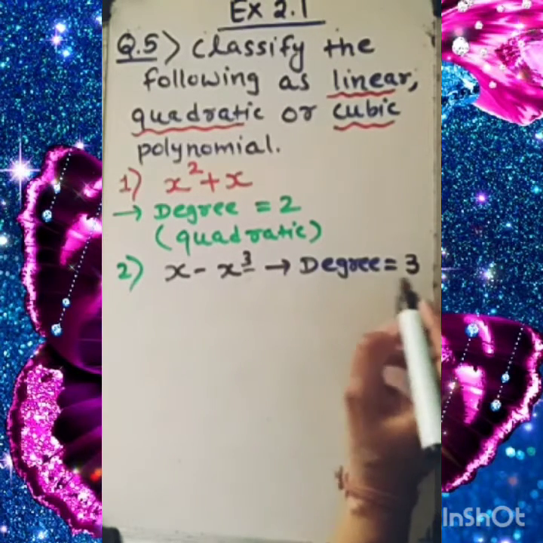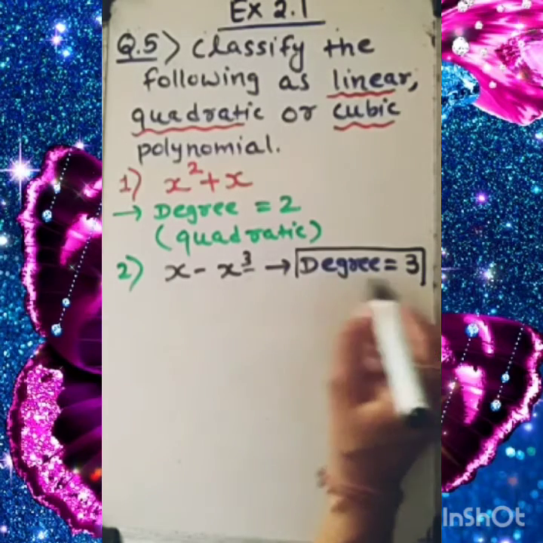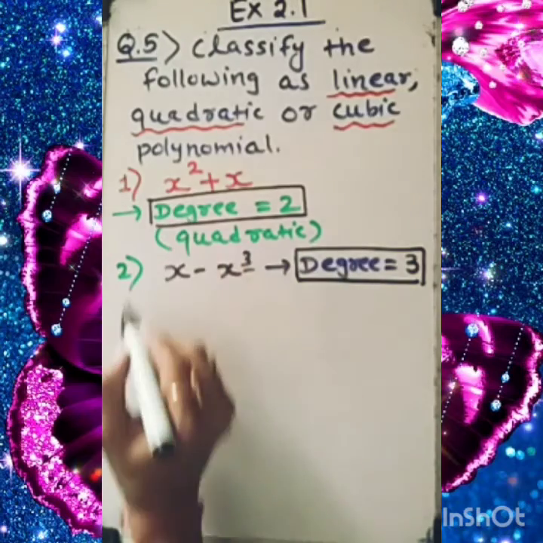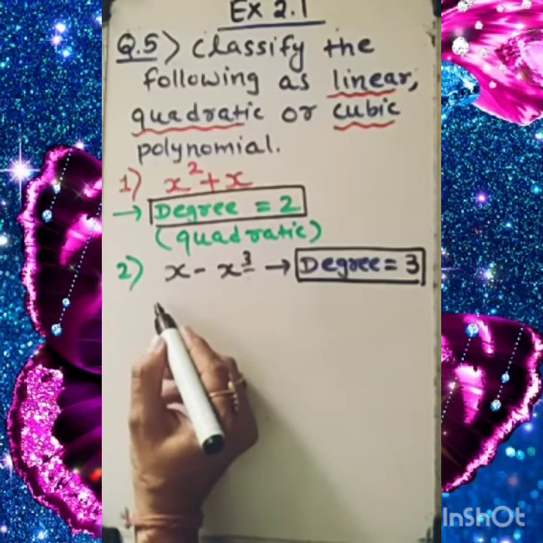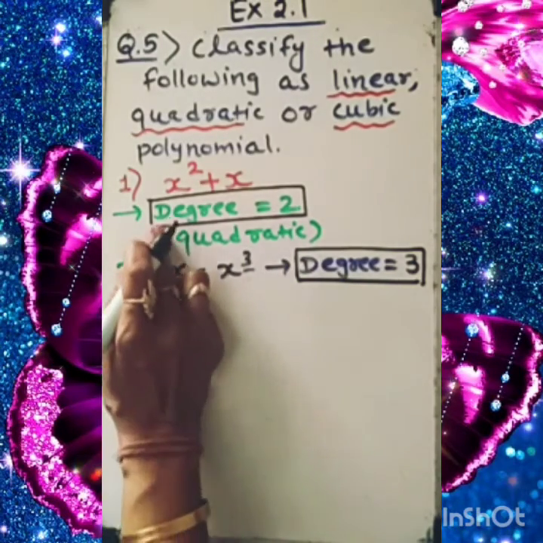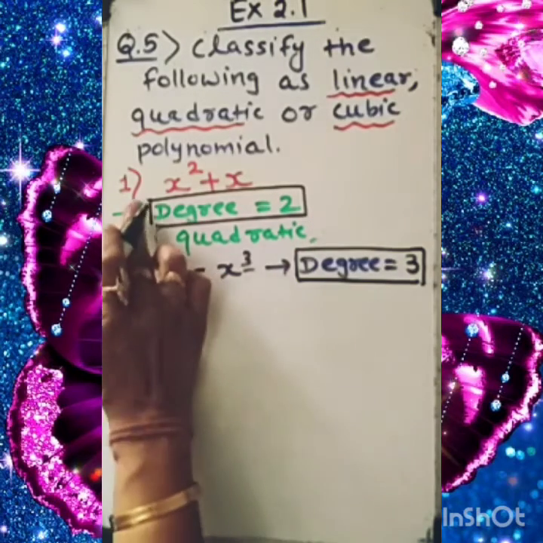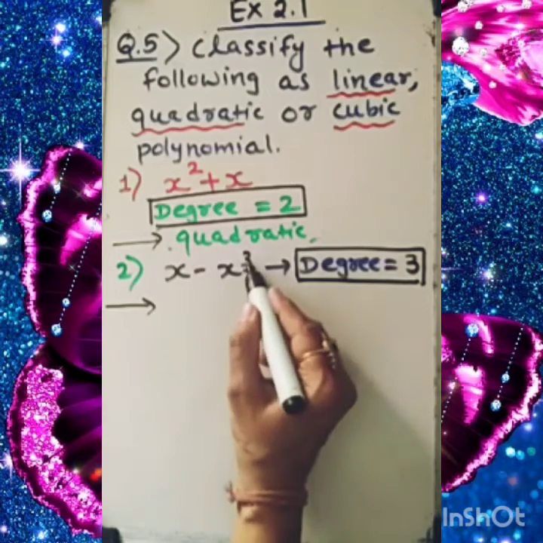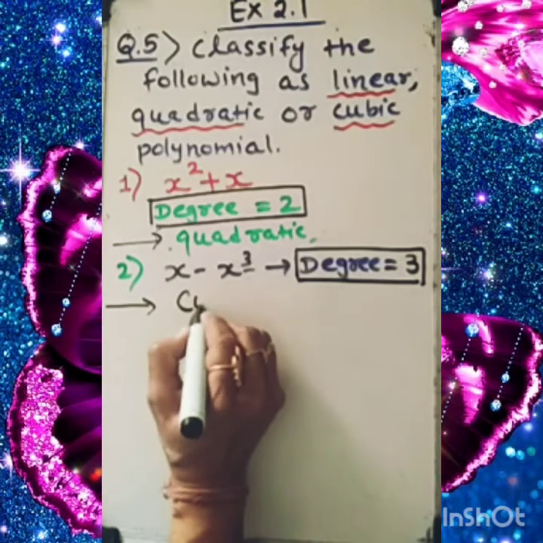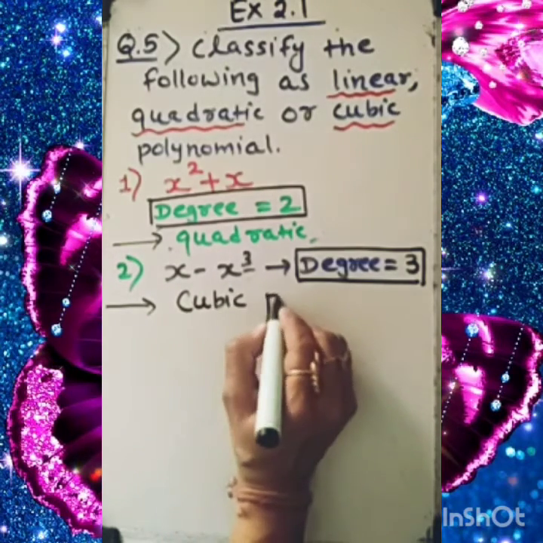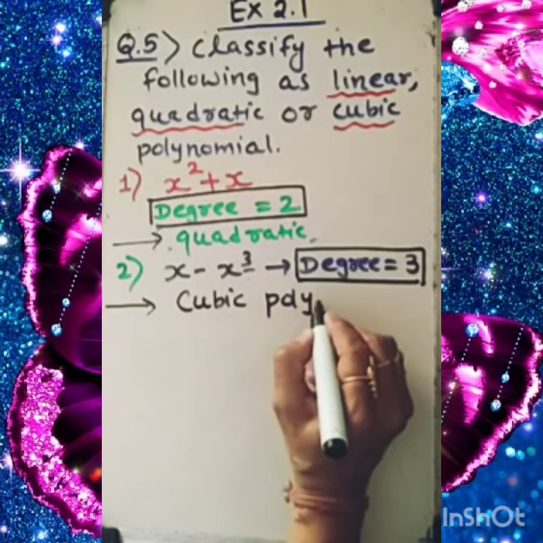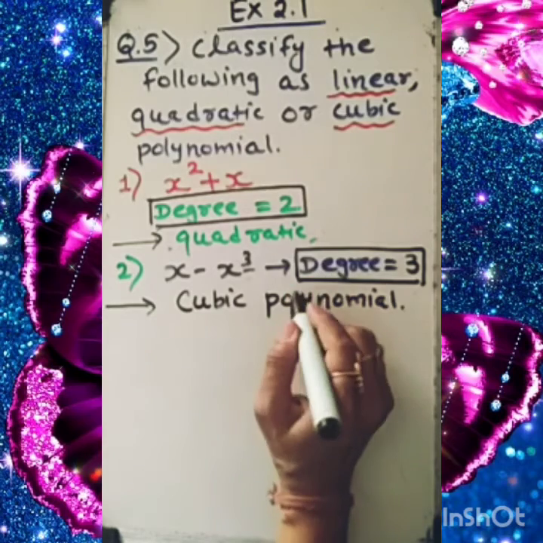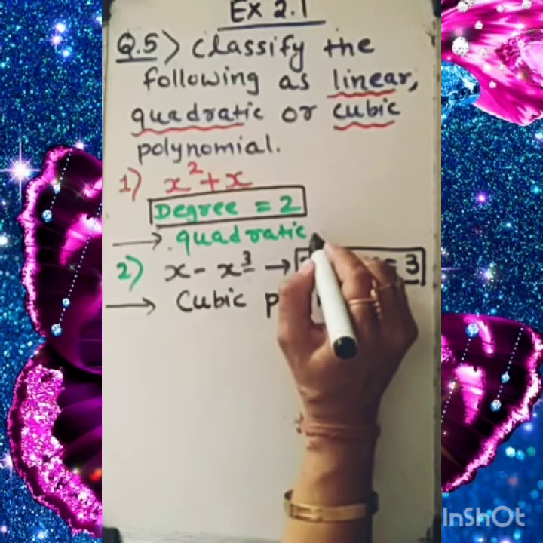Through this degree only we are able to say which type of polynomial it is. So here I need to mention this is quadratic. Here I am making a little change: a degree of 3 means cubic polynomial. We need to mention this cubic polynomial. Right? Here also quadratic polynomial.